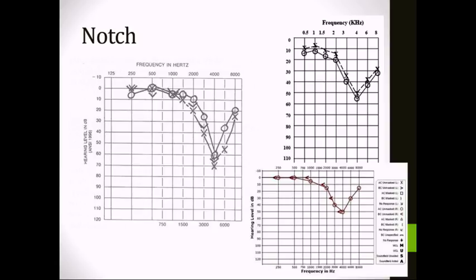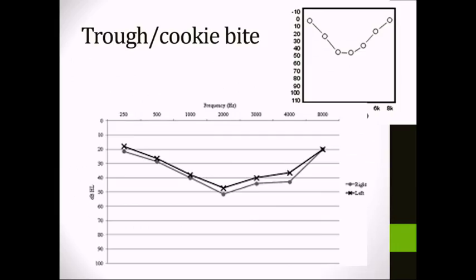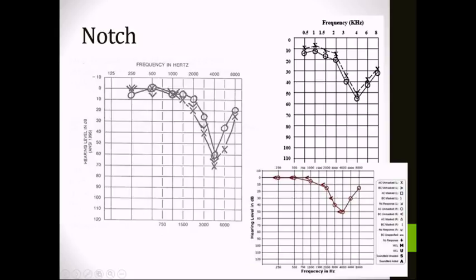If you look at all of these different examples that I pulled from all different places, you'll notice that the notch is at 3,000 or 4,000 hertz for all of them. And that's really, really common. This is a really common pattern of hearing loss for noise-induced hearing loss.